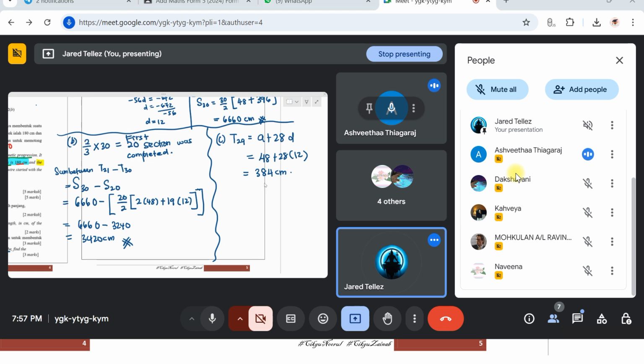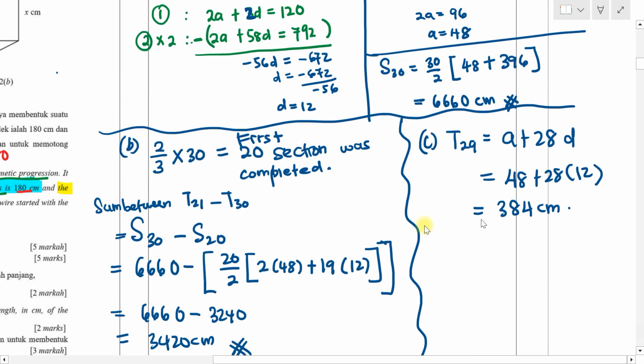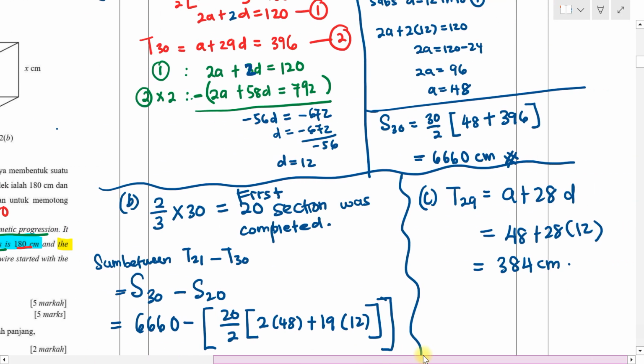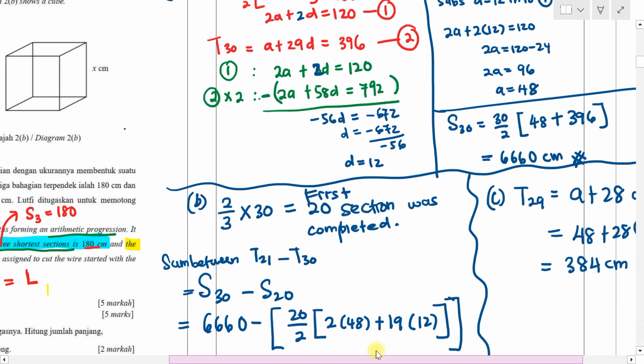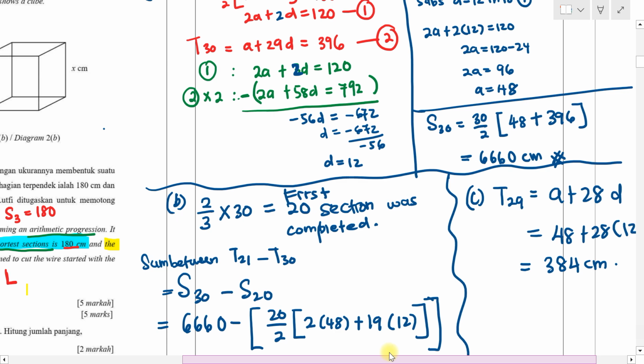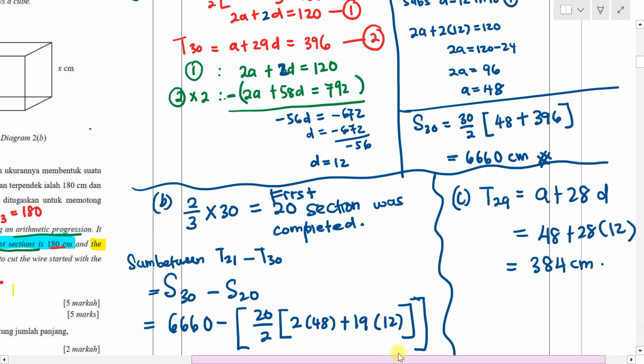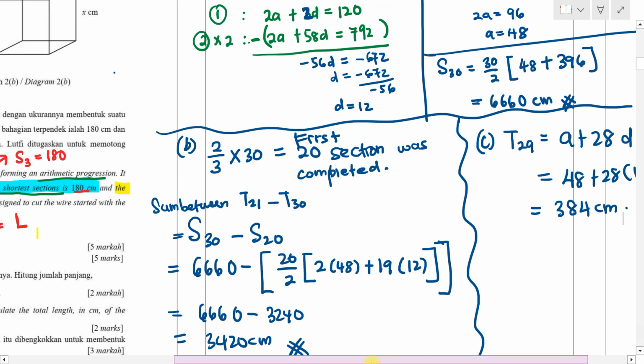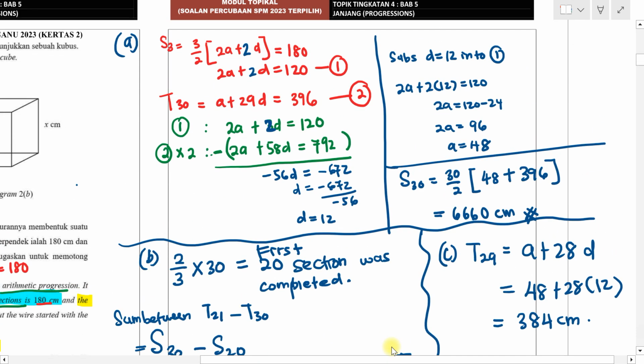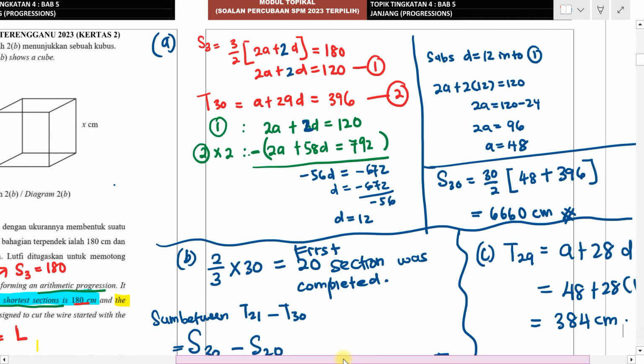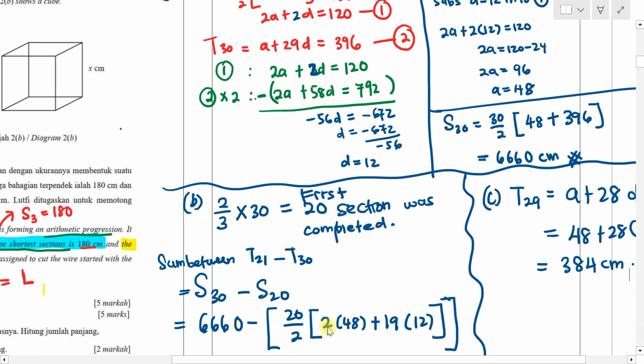No idea. Okay, then let's ask your friend Dakshini. How can you relate the 384 with the x there? Also don't know, surprisingly. Kavya? I don't know, sir. What is x actually? The side of the cube.